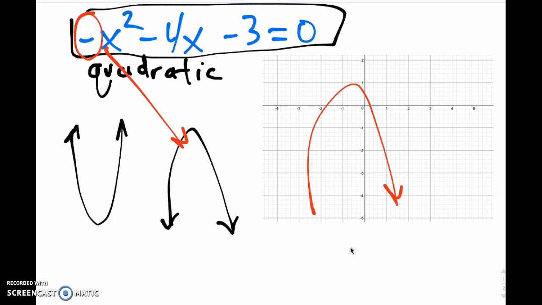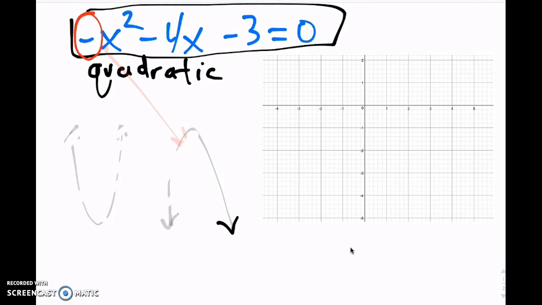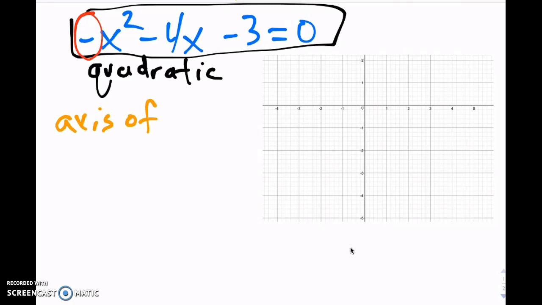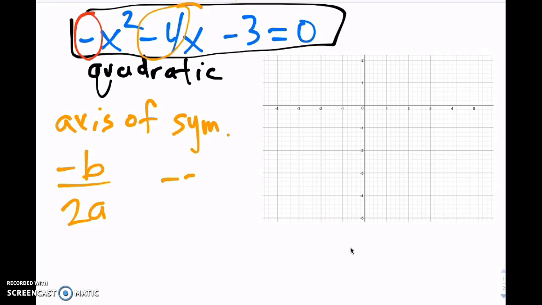So what we're going to do is get rid of those for now. If you remember from last chapter, the best way to graph a quadratic is first and foremost to find the axis of symmetry. Sorry for my spelling. The axis of symmetry is negative b over 2a. In this case, our b is negative 4. So negative 4 over 2, and our a is just a negative 1 here.